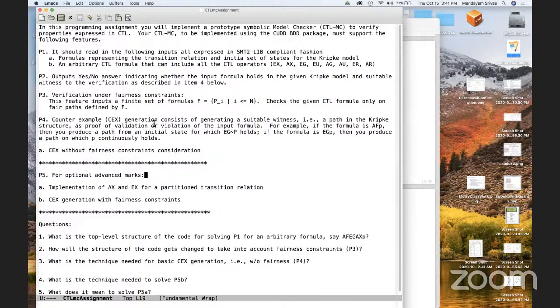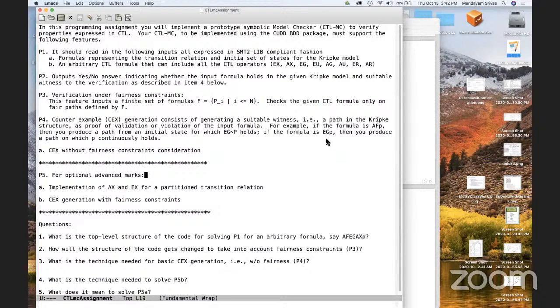The counterexample generation consists of generating a suitable witness, that is a path in the Kripke structure as a proof of validation or violation of the input formula. For example, if the formula is of the kind AF of P or some universally quantified CTL operator with a nested formula, then you produce a path for a violation of this. That should have a path from an initial state for which the negation of that formula, e.g. of not P, holds.